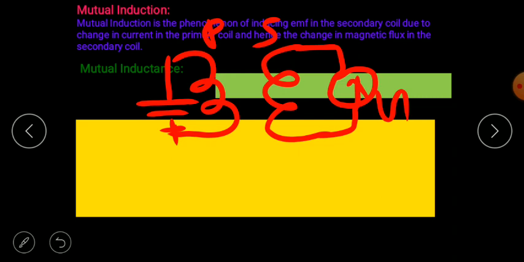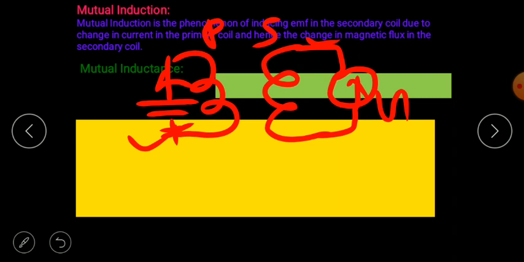When the key is closed, the current in coil P starts growing. It causes an increase in magnetic flux in coil S. Hence EMF is induced in coil S to oppose the growth of the current in coil P. The galvanometer therefore shows a deflection till the current in P becomes steady.